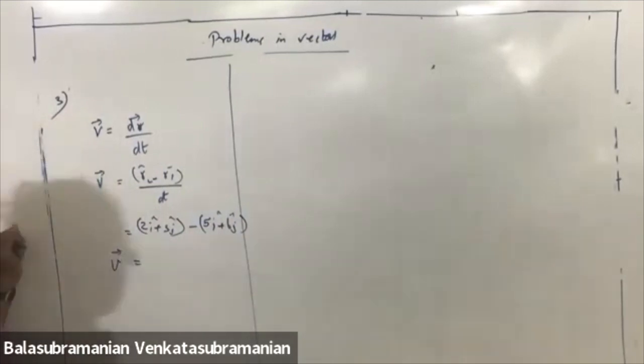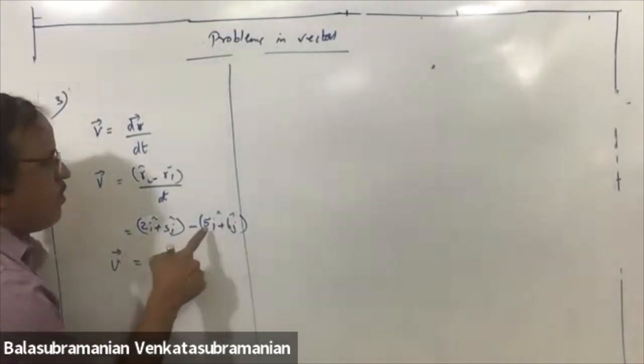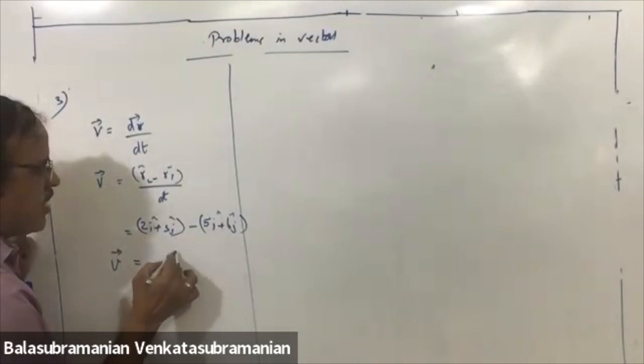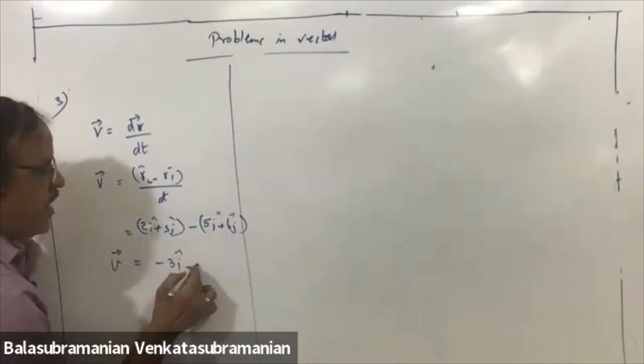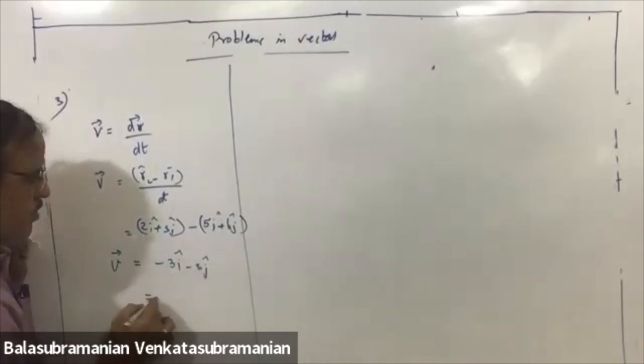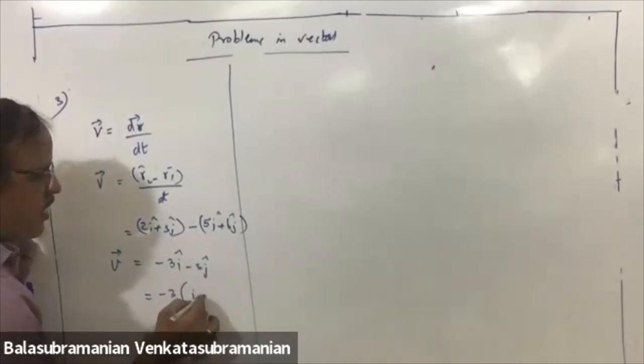V vector is equal to 2i minus 5i, minus 3i; 3j minus 6j, minus 3j. Minus 3 common, i plus j.